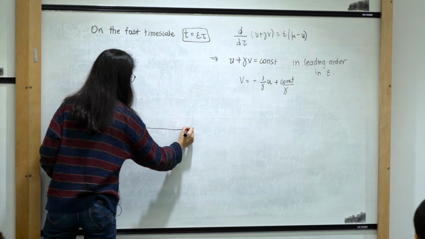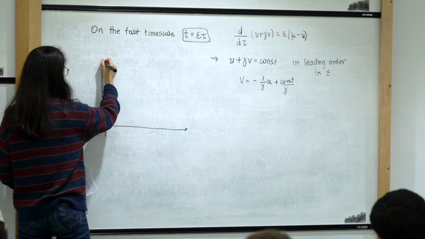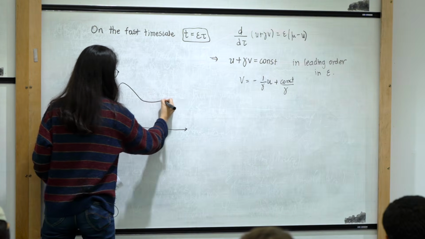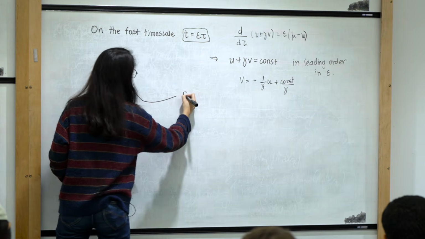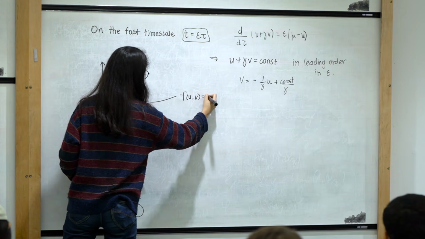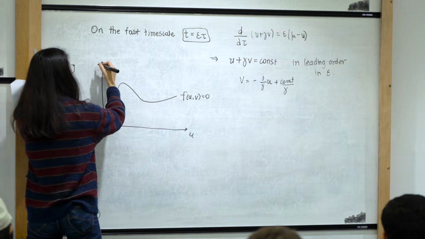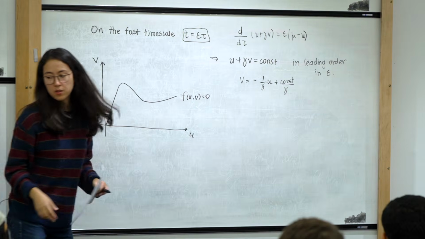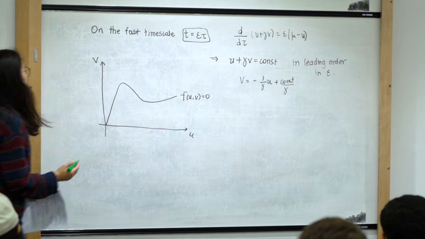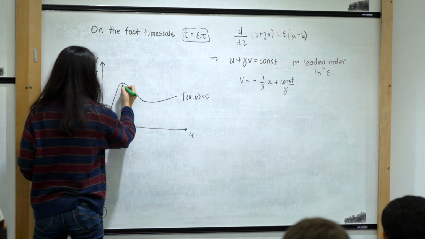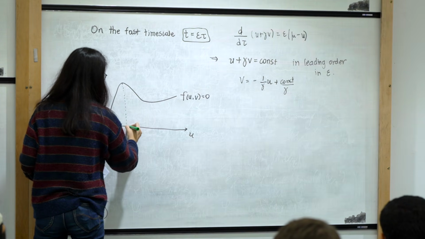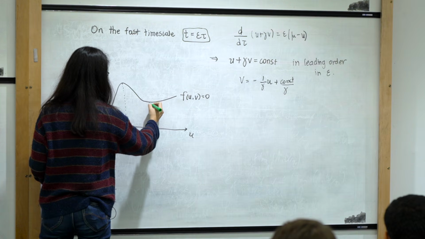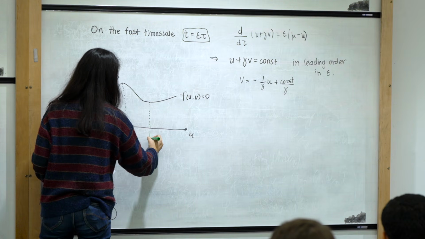And this again is very similar to what we were doing in the FitzHugh-Nagumo analysis. So I have my null line. It looks like this. This is f of u comma v is equal to 0, in u and v. And I have now 2 points on this curve. This one is mu minus, and this point over here is mu plus.